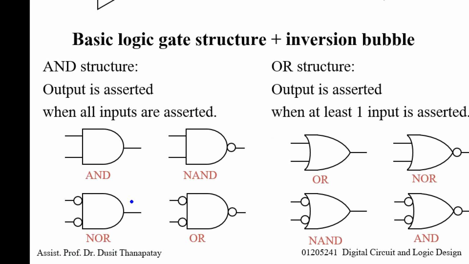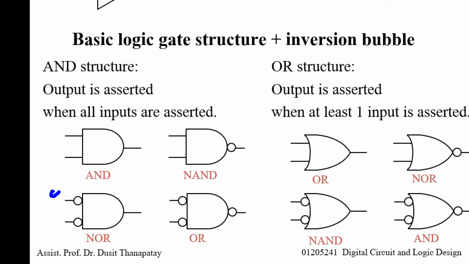How about this one? This one, the main body again is AND. That means the output will be active when both inputs are active. So if I apply, for example, 0, 0, it's active low, right?